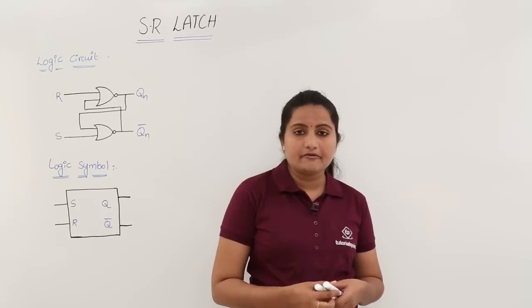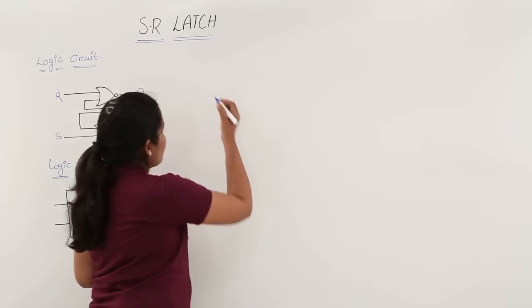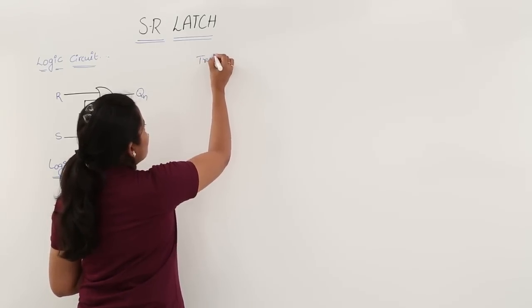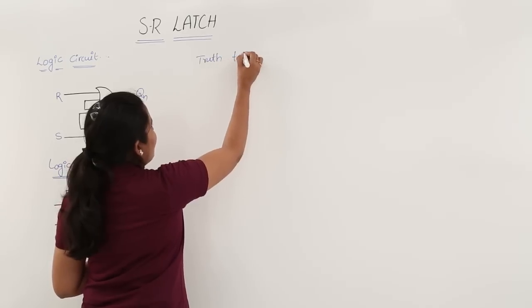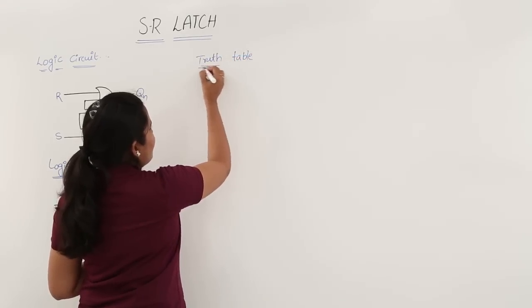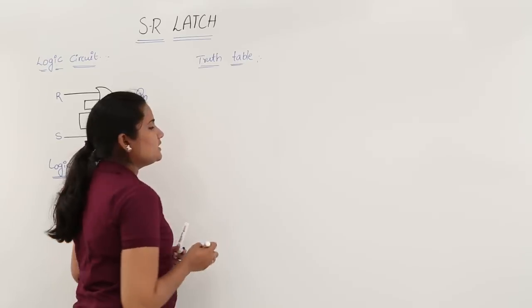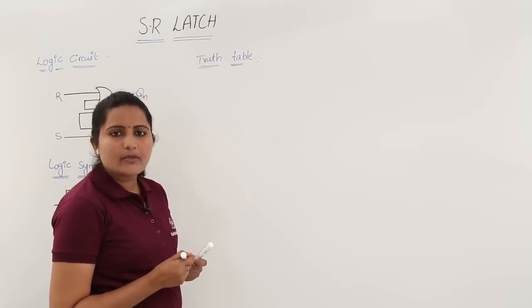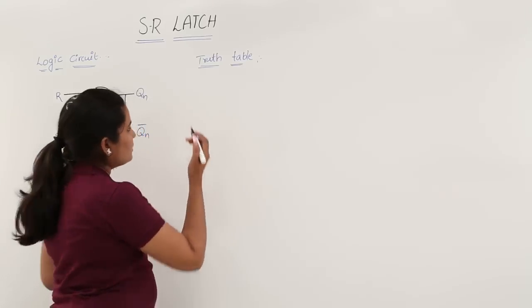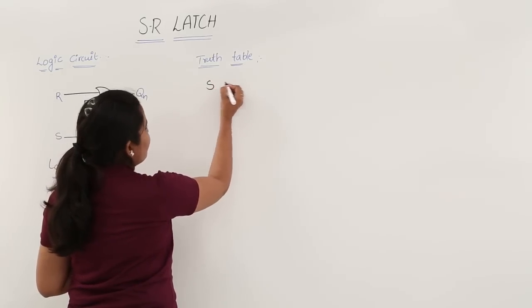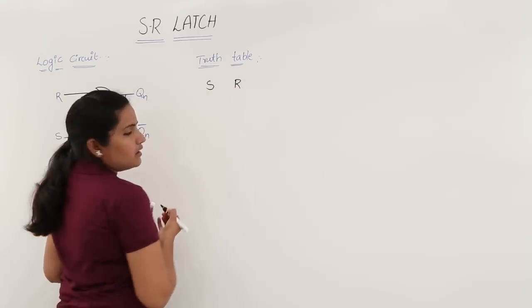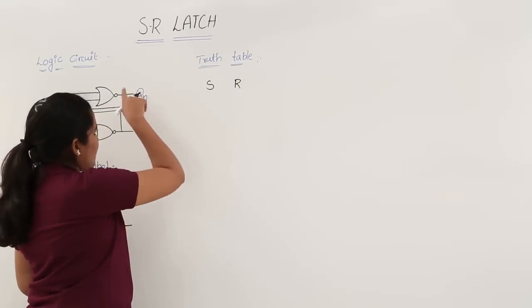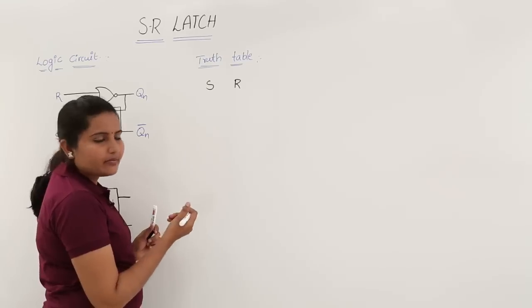Here we will define the truth table for the SR latch. When deriving the truth table for any circuit, you need to consider your number of inputs. For our circuit, there are two inputs S and R, and our present state Qn is also taken as a feedback input.